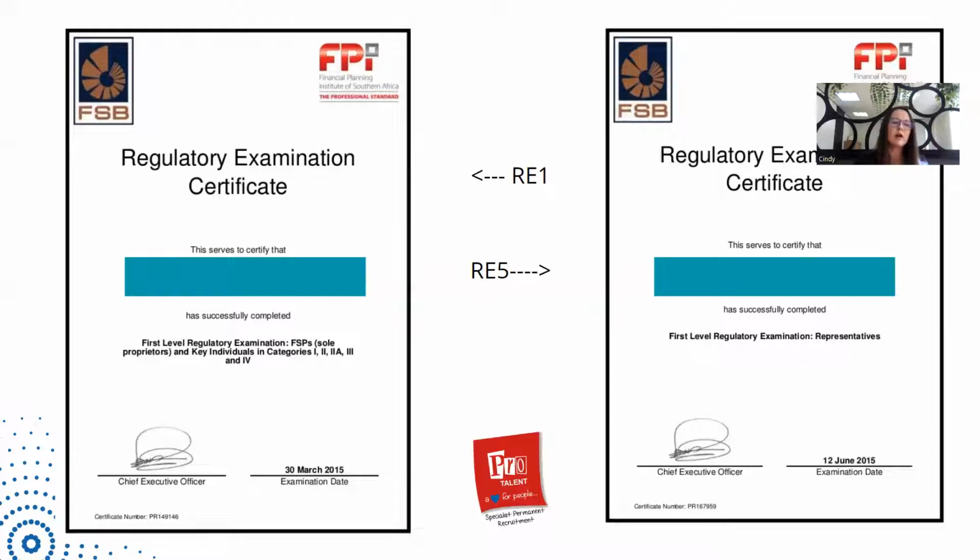What I get a lot is people working in claims saying, I'm working as an administrator, I don't give advice to clients, so I don't need an RE5. But if you pick up the phone and call a client and advise them on a claim, are you giving them advice? If the answer is yes, then you need to do your RE5.